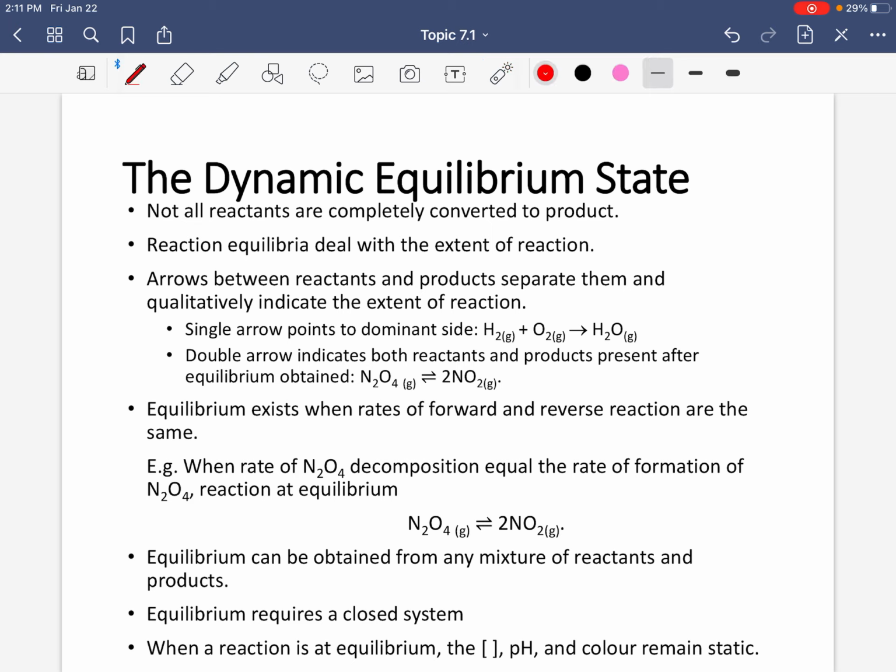Now, this one is important. I would circle it. We're going to learn something called the Equilibrium principle later on in the third part of this lesson. In order to see and collect data correctly, an equilibrium reaction has to be done in a closed system. Now, what do you mean by closed system?